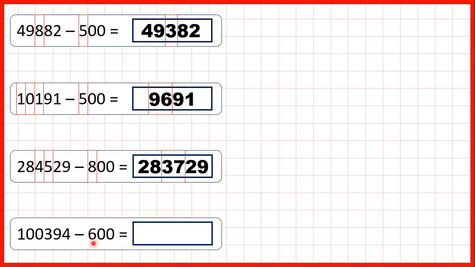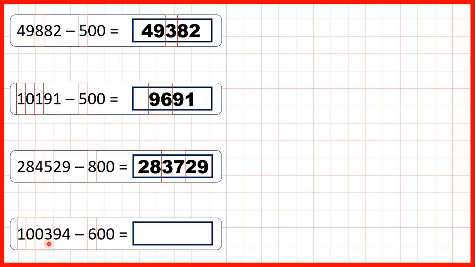Now 100,394 minus 600. If we highlight our hundreds digits, 6 is more than 3, but if we go to the left, we have a 0, and we go to the left again, we just have another 0. So we need to go all the way over to our 100,000s digit and work out 1003 minus 6.